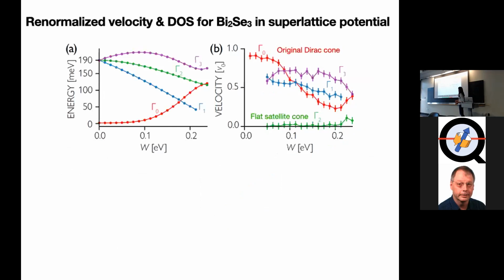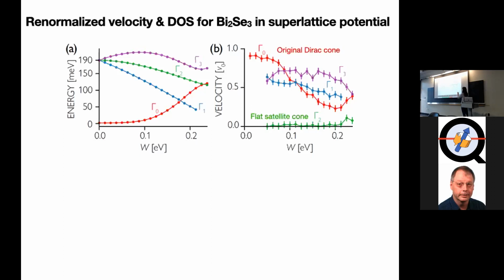I just want to show the main result here. First, we track the energy of the Dirac cones. This is just to see how things agree with our perturbation theory. But the important thing is that we track the velocity of these Dirac cones. So this red is the original Dirac cone, and the dots are our numerical data.